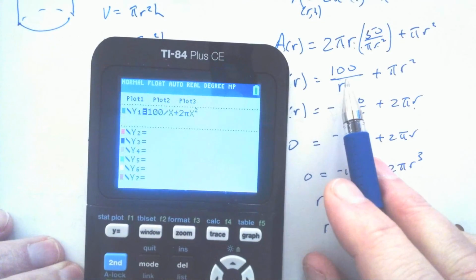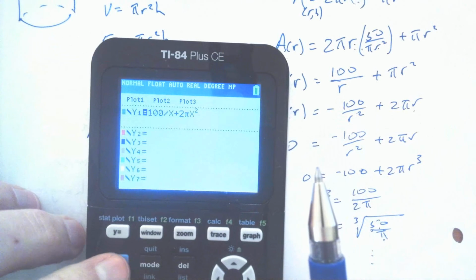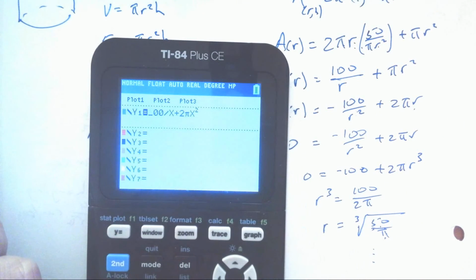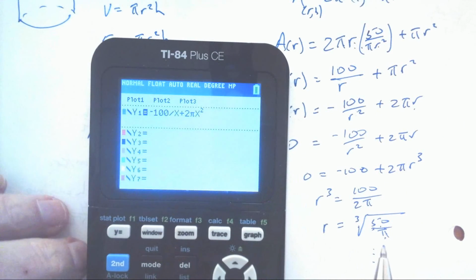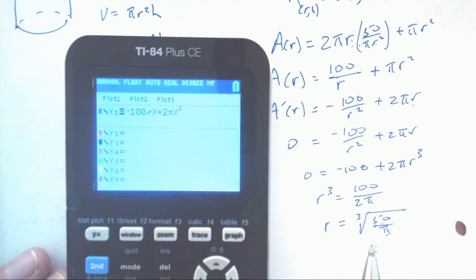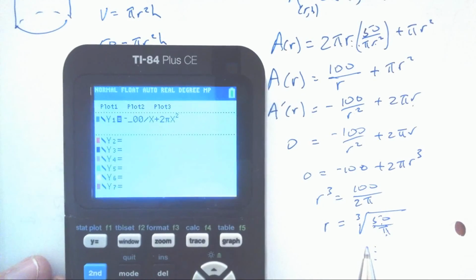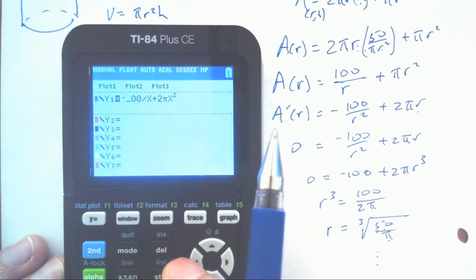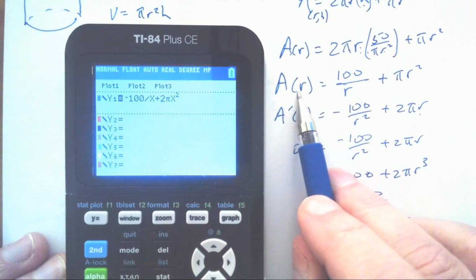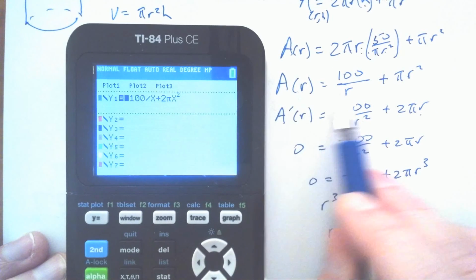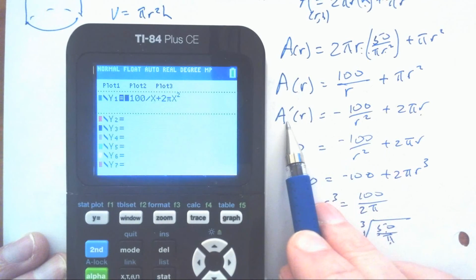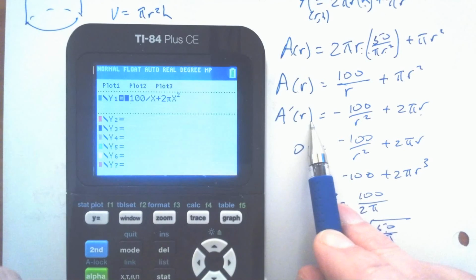Now I'm nervous. Yell at me quick, maybe I'll hear you if that's wrong. Oh, no, I'm just going back to the original area formula. I'm just trying to minimize the area, I'm not trying to minimize the derivative. There we go. So delete this.